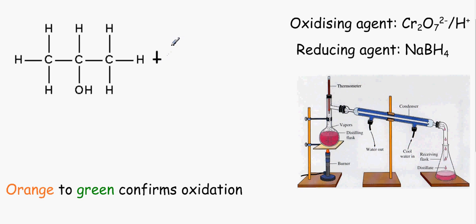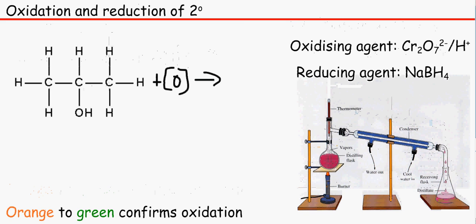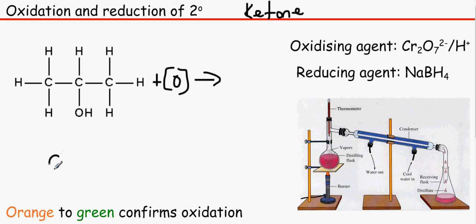So we would react this with the oxidizing agent to make a ketone, and that's a very, very big difference between an aldehyde and a ketone. An aldehyde has the double bond at the end. Aldehyde starts with the letter A, so that means it will be at the beginning of the product.